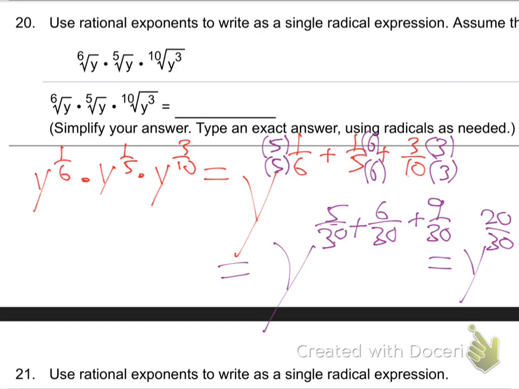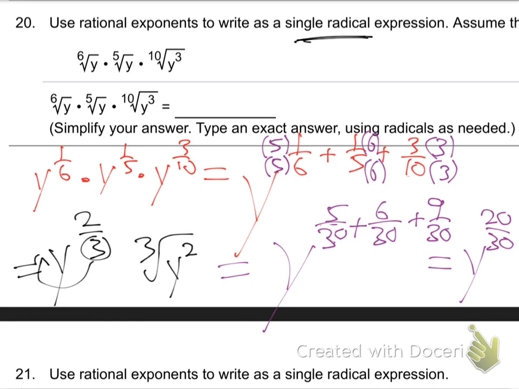So that is y to the 2/3, isn't it? And last step, they want it a single radical. Not a political extremist, but a root. They want me to make it a root. That 3 swings around, third root of y squared. There we go.